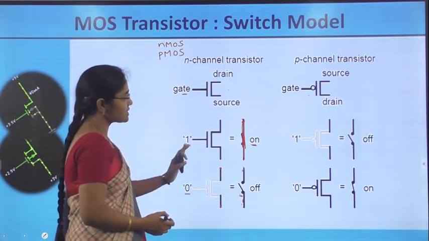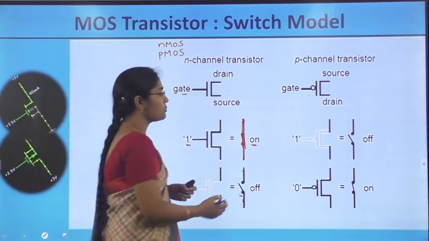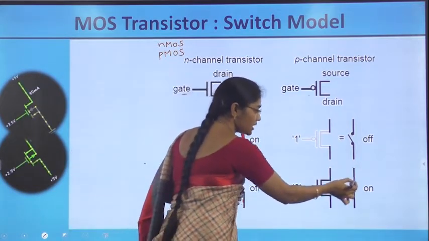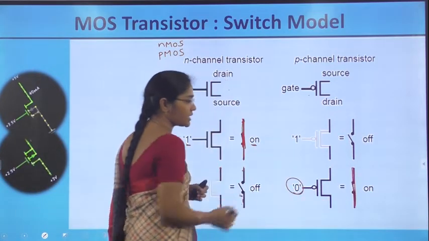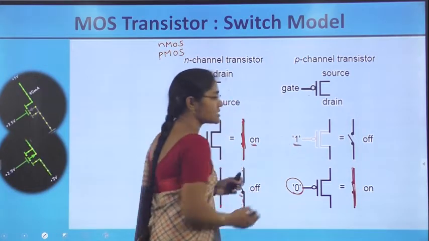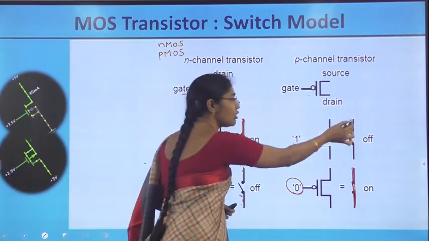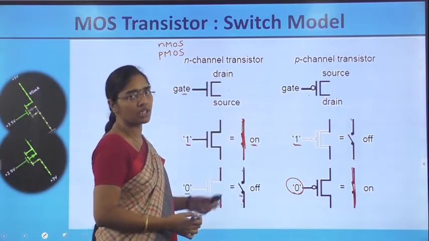The same action is applicable for the PMOS transistor also, whereas the PMOS transistor passes a value when logic 0 is applied at its gate, and when logic high is applied at its gate, the switch is in the off mode, therefore it is not passing the signal from one end to the other end.